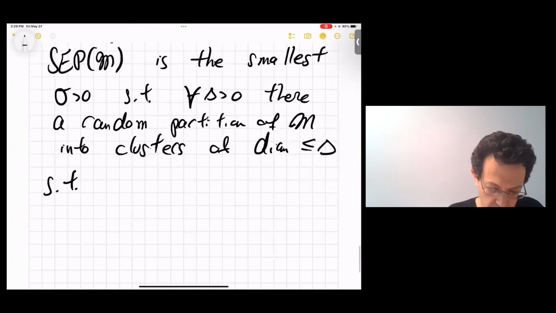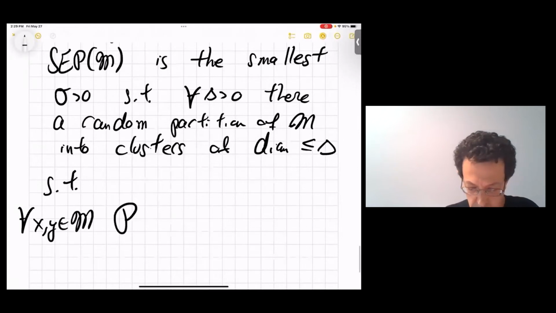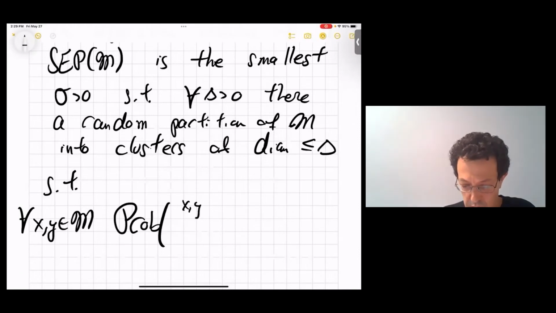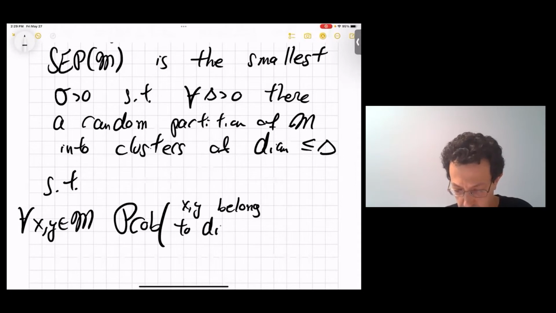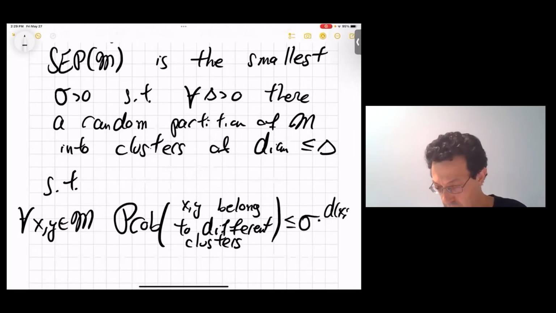such that if you give me any two points X and Y in M, the probability that X and Y belong to different clusters is less than sigma times the distance from X to Y, divided by delta to make it scale invariant.